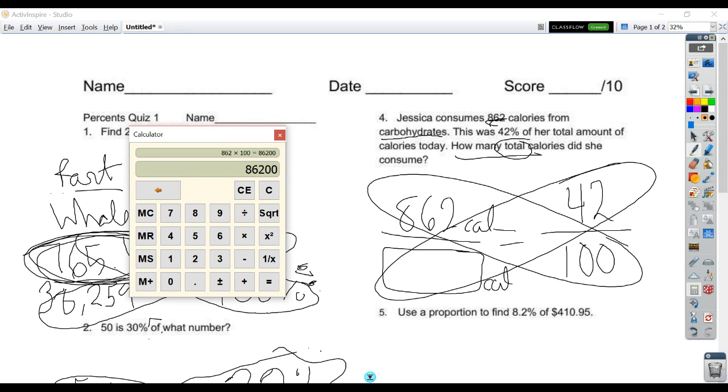This would be my unknown, my box, times 42 is equal to, that dot means multiply, 86,200. So when I solve this, I divide by 42 on both sides, and that gives me 2,052.38. If you just put 2,052, that's fine. But this is 2,052 total calories that we're eating in a day.